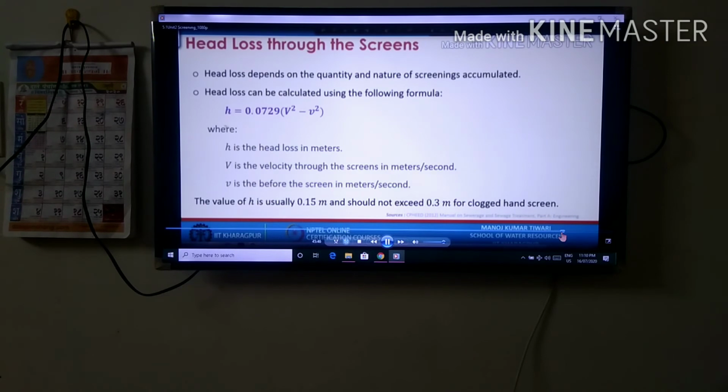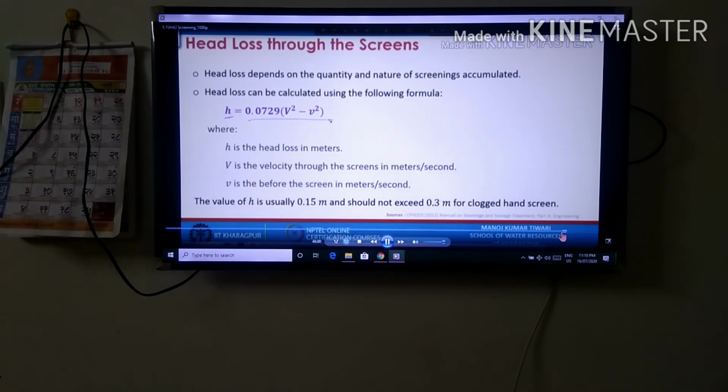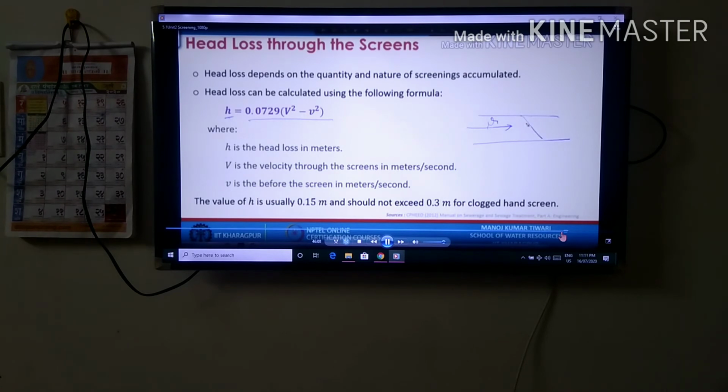So H, which is the head loss in meters, is equal to 0.0729 (V² − v²), where V is the velocity through the screen in meters per second and v is the velocity before the screen in meters per second. So in the channel, what is the velocity, and what is the velocity through the screen? The velocity here through the screen openings is V.